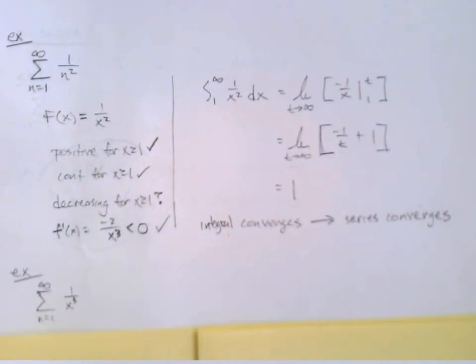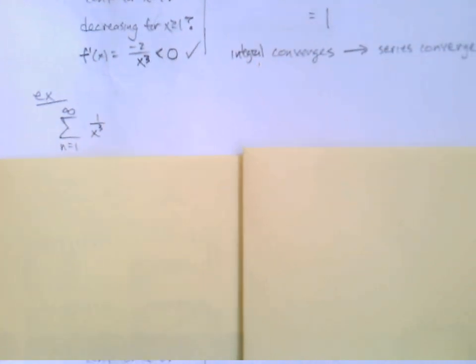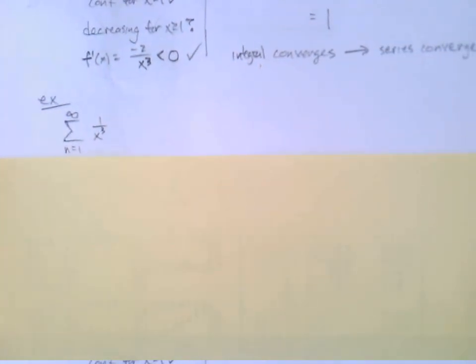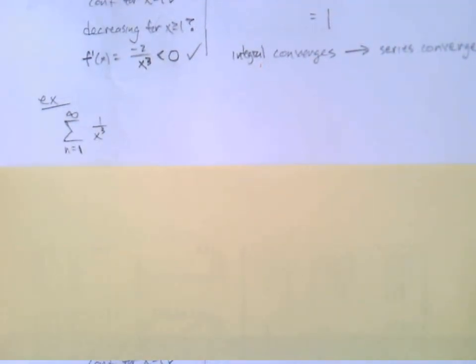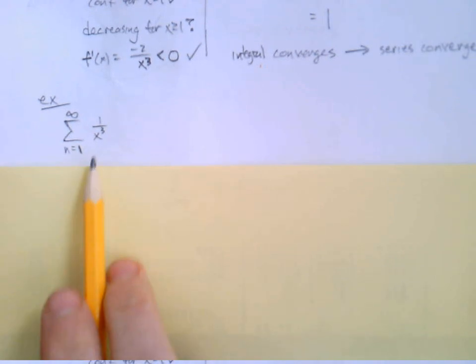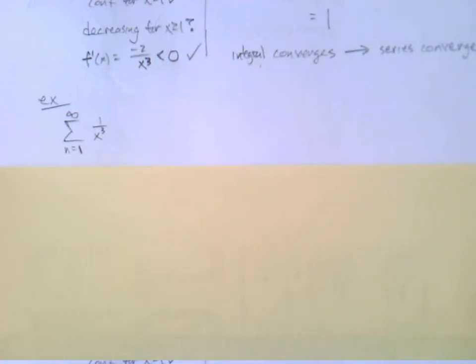Let's take a look at this one. 1 over x to the third, starting at n equals 1. Hey, if you like, pause the video. Go ahead and tackle this one by the integral test on your own. Be sure to check the three conditions.